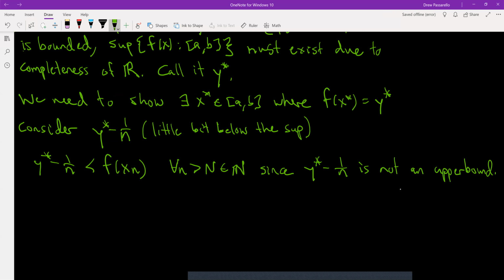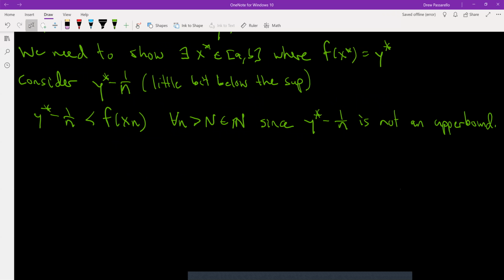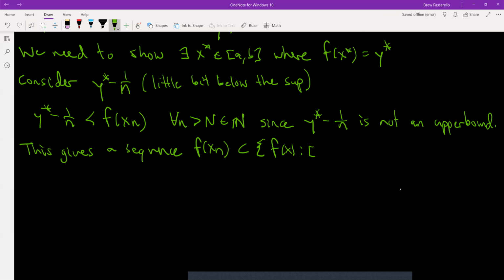Okay, so we know that, and this gives us a sequence of f of xn's part of our set of f of x's, and then x is part of the closed interval [a, b].